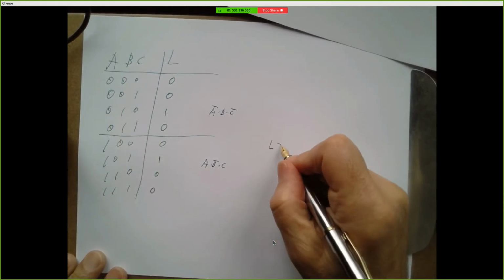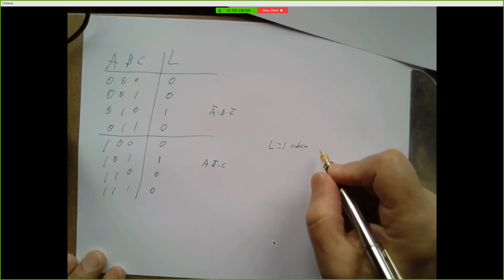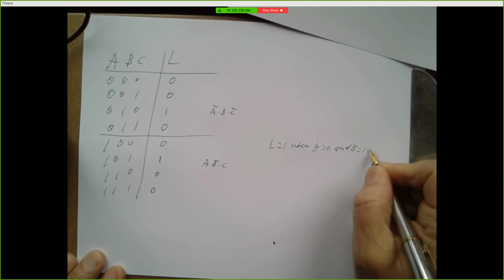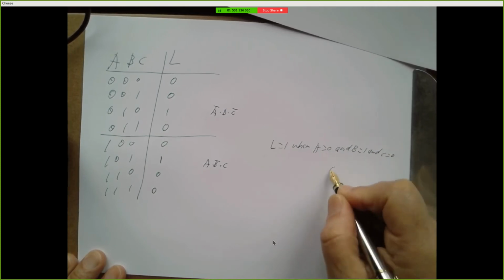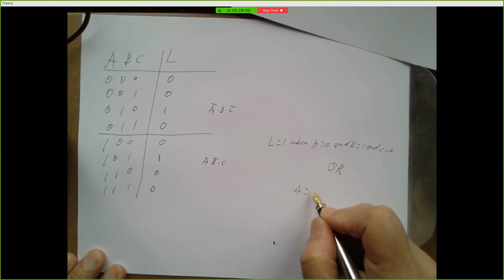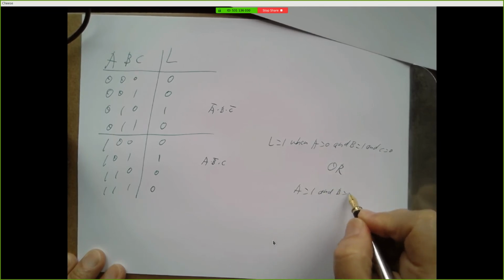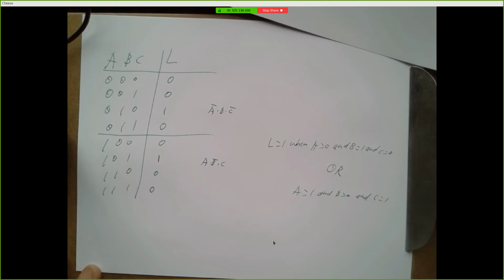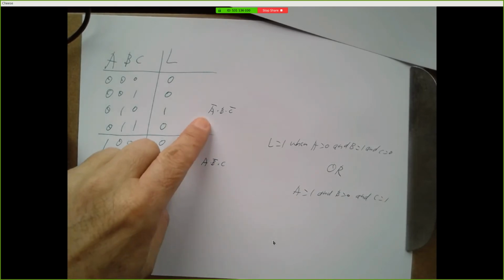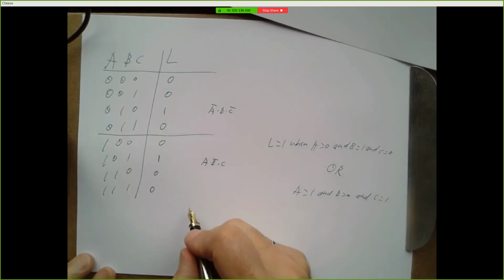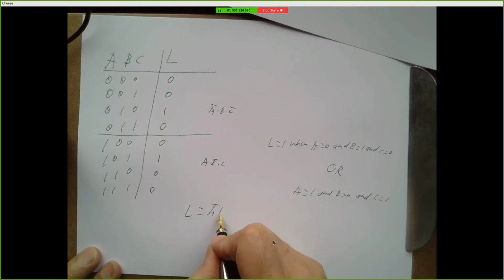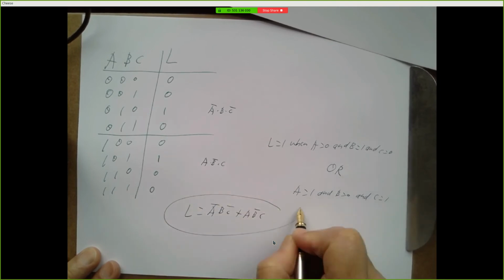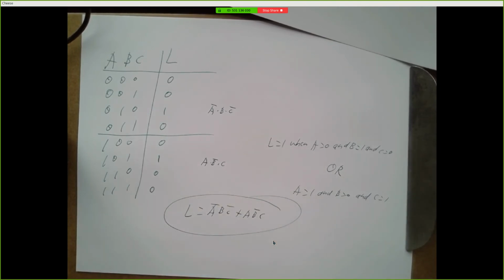And now we want L equal 1 when A equals 0 and B equals 1 and C equals 0, or A equals 1 and B equals 0 and C equals 1. And so L should be 1 when this is true or this is true, so we OR them together. And there's an equation for our locking circuit.